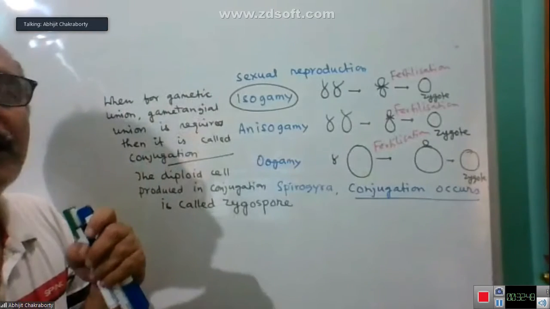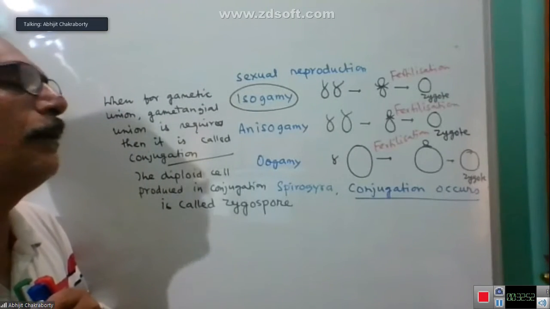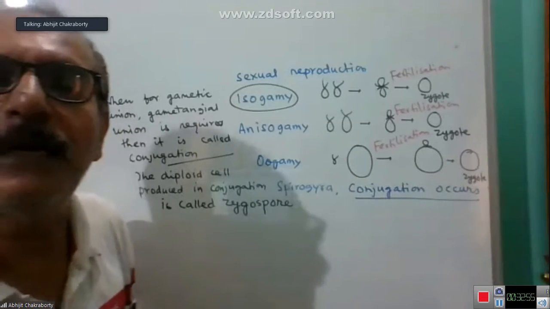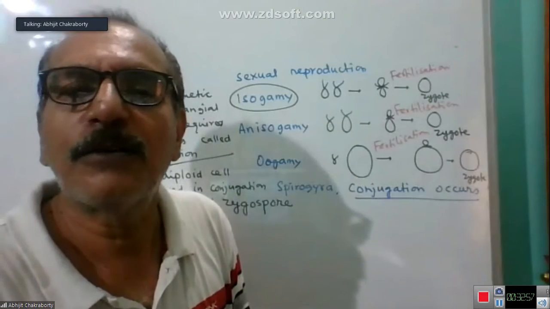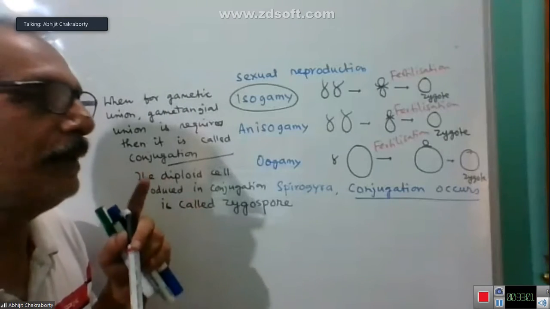In conjugation, a conjugating tube is required to be developed to join two gametangia. What are gametangia? Gamete producing organs are called gametangia.